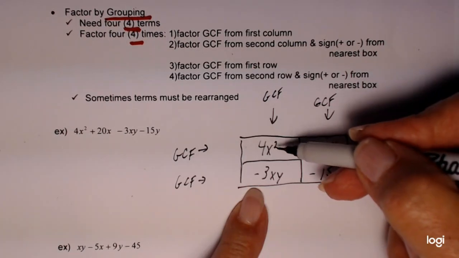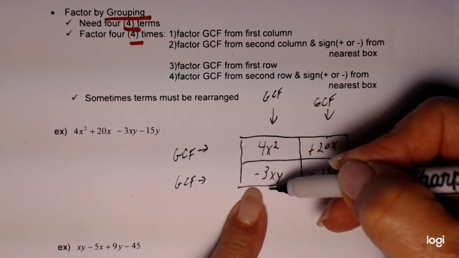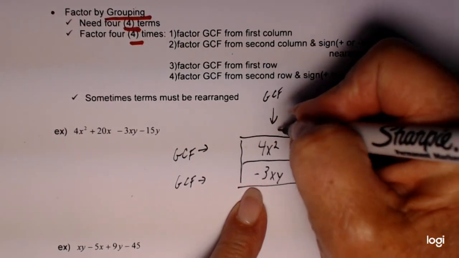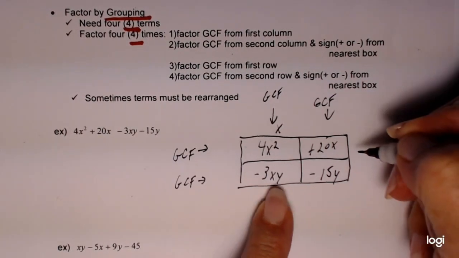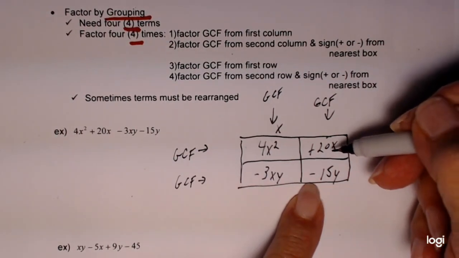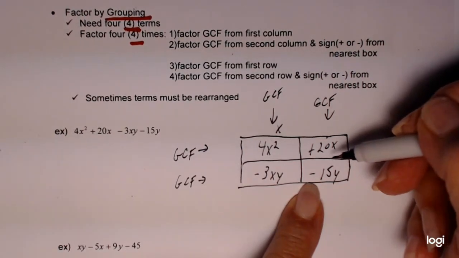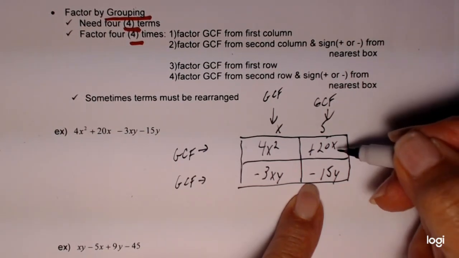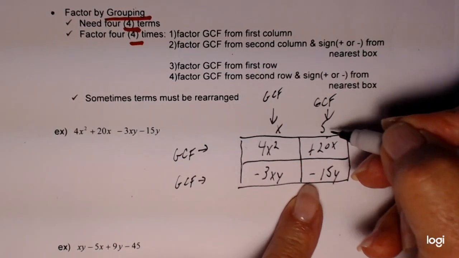So greatest common factor going down, 4 and 3, there's nothing in common in terms of the coefficients. X squared, x, we have an x. That's in common. Moving over here, 20 and 15, we have 5 in common. So I put the 5 there. And now x, y, there's no variable in common, so it would just be the 5.